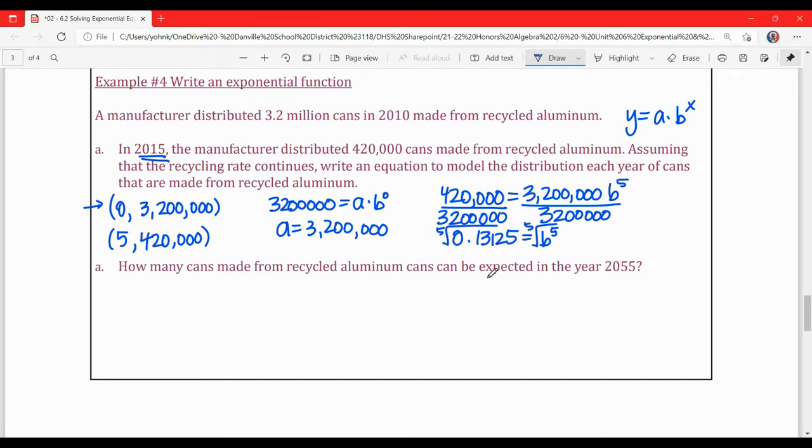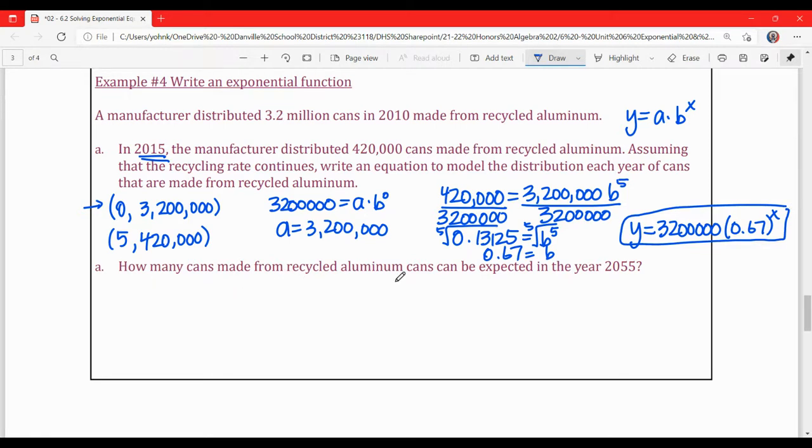The 5th root of 0.13125 is 0.67. So now I can write my equation: y equals 3.2 million times 0.67 to the x. Seems like a pretty crazy equation, but it works.